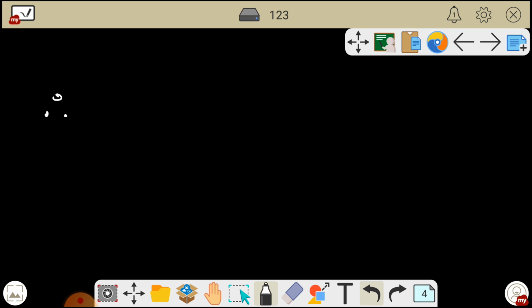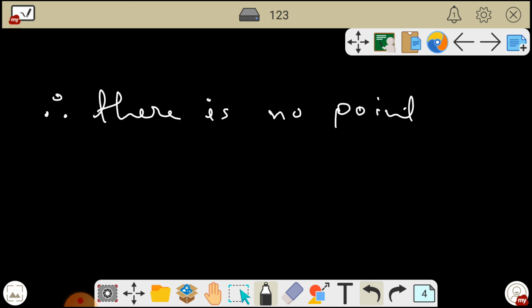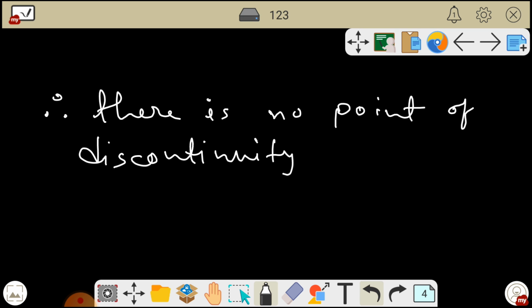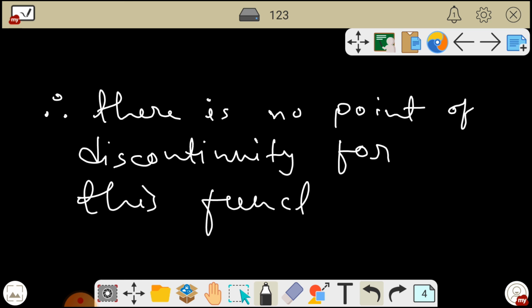Therefore there is no point of discontinuity for this function. So this is question number 9. In this question we have no point of discontinuity.